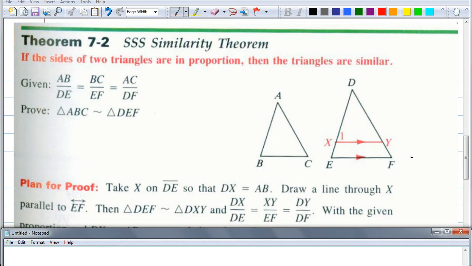Because of what? What do we know about corresponding sides of similar triangles? They are in proportion. Okay, so all we have to say is, similar to last time, if I could show that triangle ABC is congruent to triangle DXY, I'll be done. Is there a way to do that, knowing this?